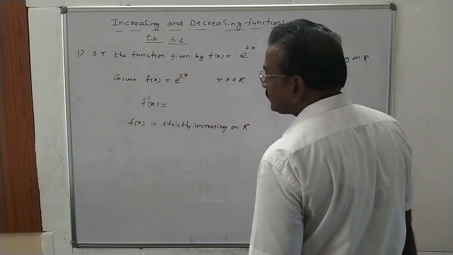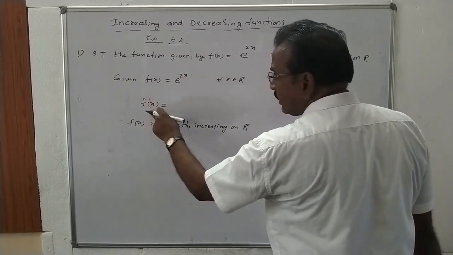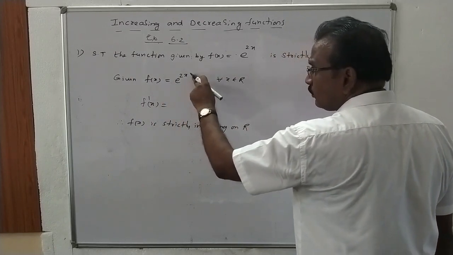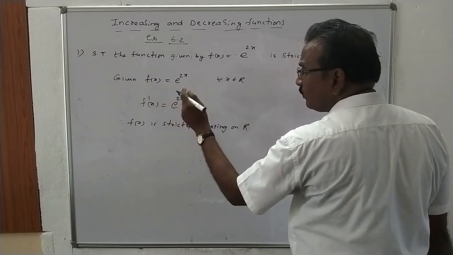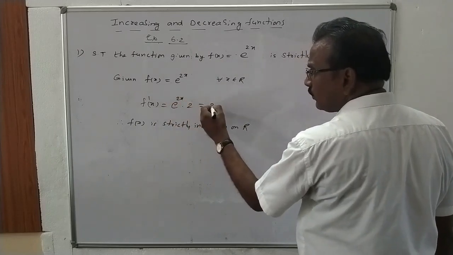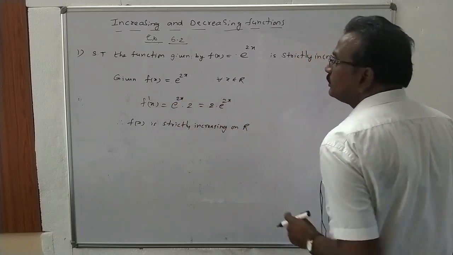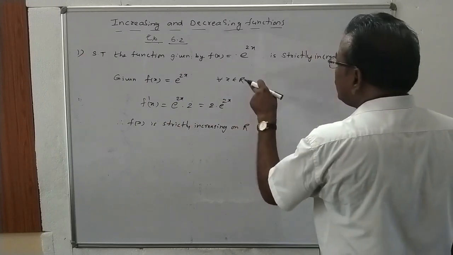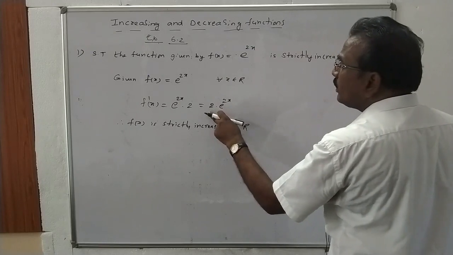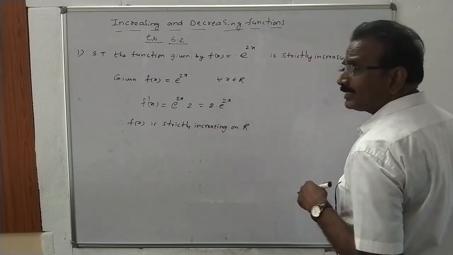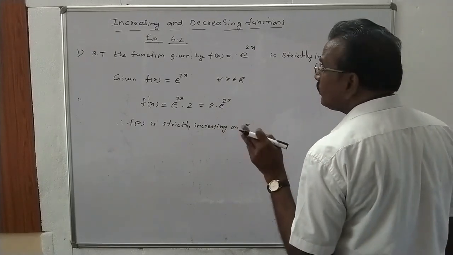Differentiate with respect to x. Derivative of f of x is equal to f dash x. Derivative of e power 2x, composite function. Derivative of e power u is e power 2x into derivative of 2x is 2, that is 2 into e power 2x. Next, for any real number x, 2 is positive, e power 2x is positive because exponential function is always greater than 0.